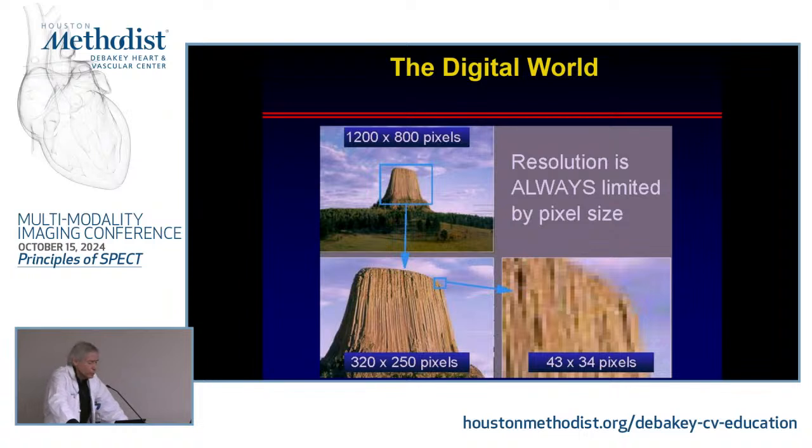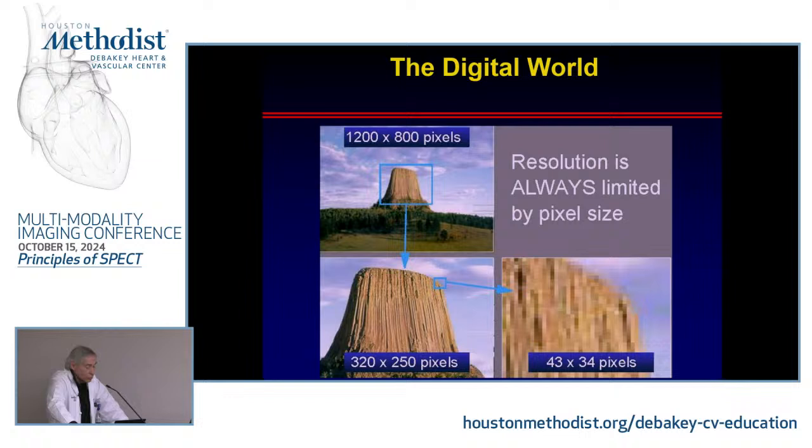The other issue is what you're looking at when you look at a screen, because resolution is really based on pixels and the number of pixels you have per certain amount of area, right? And so if you take the image above and look at 320 by 250 pixels, that's pretty good discrimination of the edges in that particular landmark.